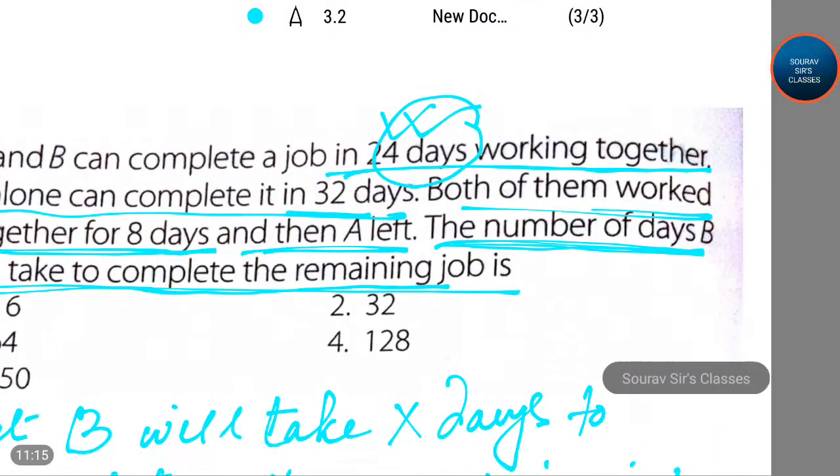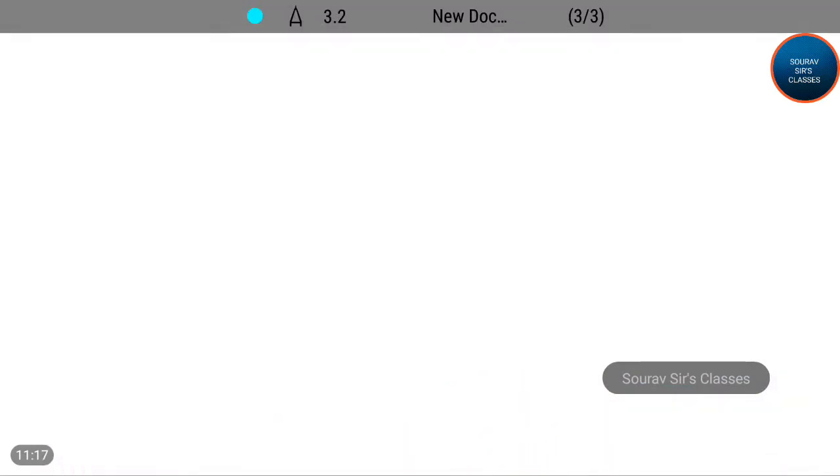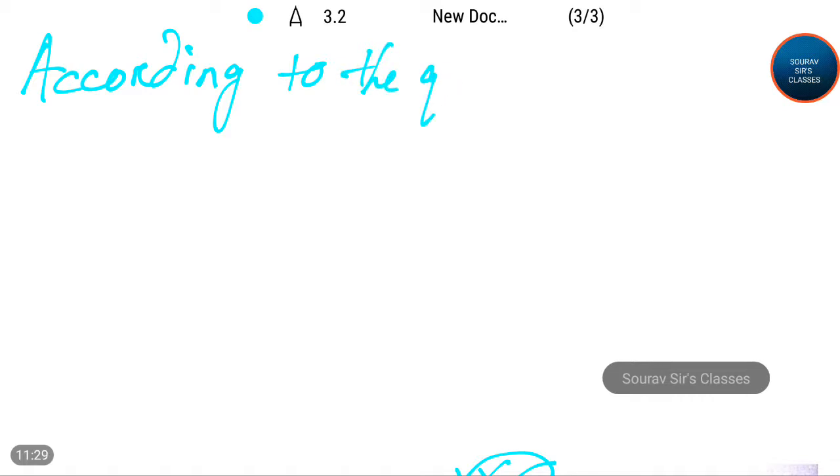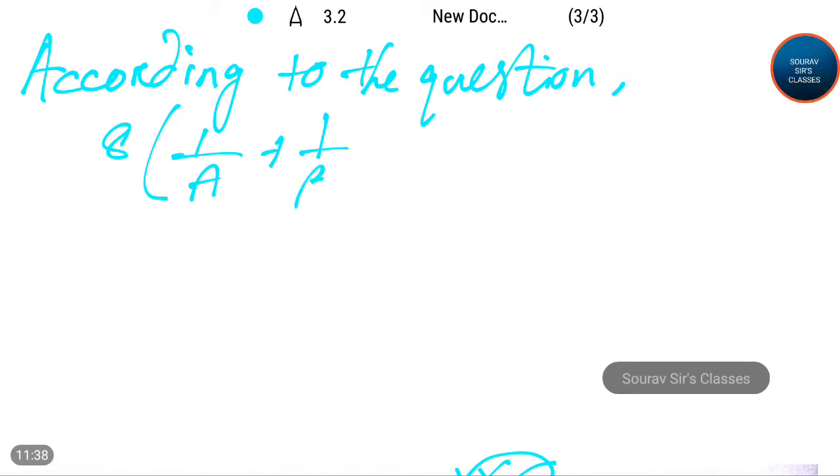That means according to the question, 8 into 1 by A plus 1 by B plus x into 1 by B is equals to 1.